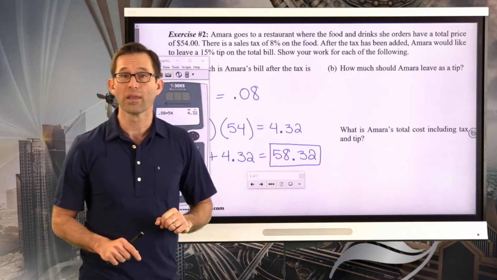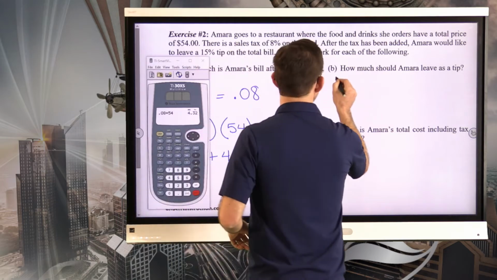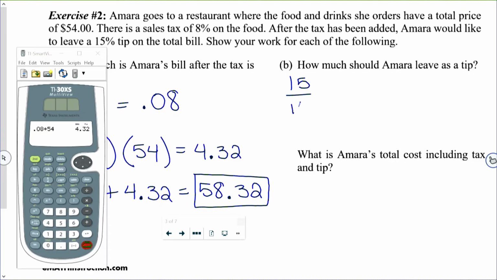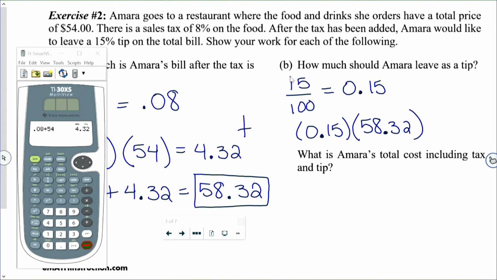So how much should Amara leave in a tip? Well, again, 15/100ths is the same as 0.15. So I'm going to take 0.15 and I'm going to multiply by 58.32. So maybe let me write this.